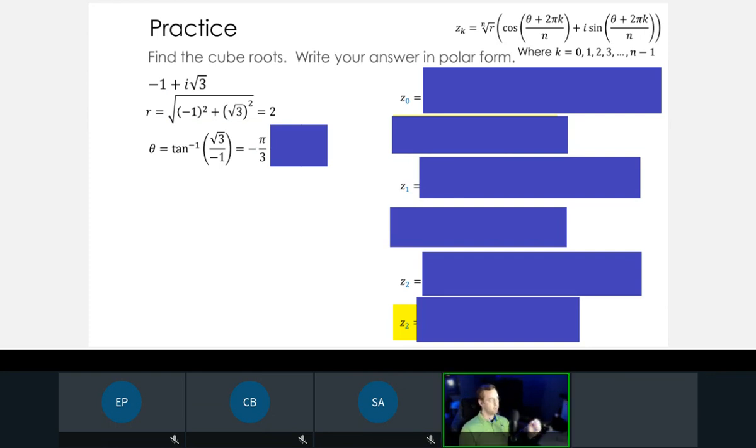Now your theta needs to be positive. So let's look at this. -1 plus i rad 3. Which quadrant is this in? It's in quadrant 2. The angle that we found by typing this in, hitting enter, negative pi over 3, which quadrant is this in?